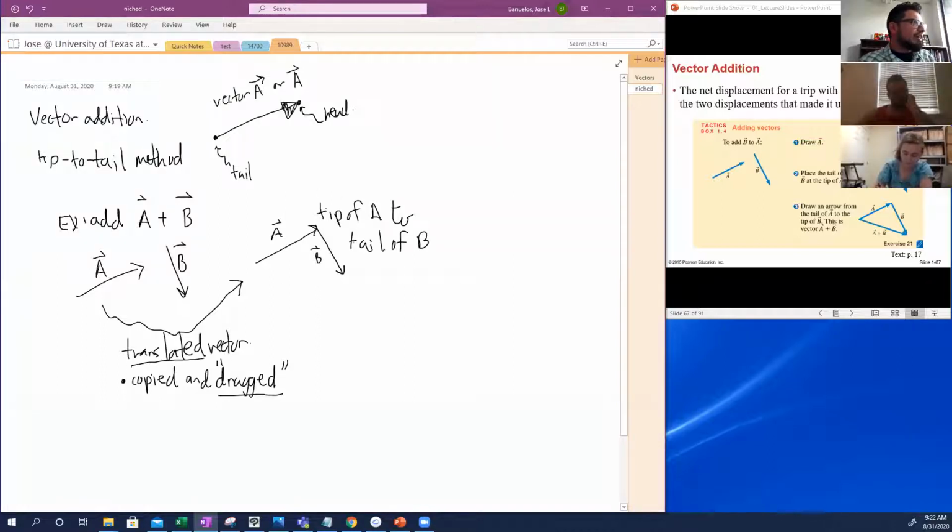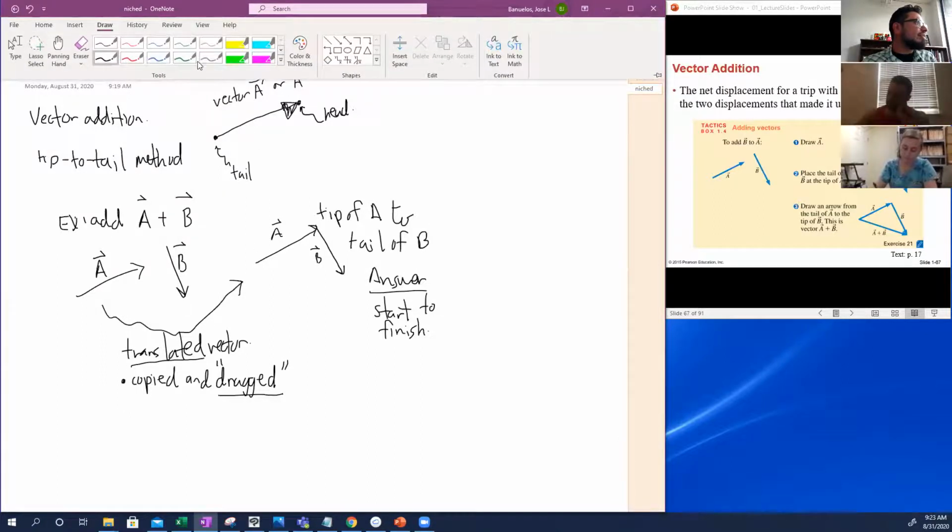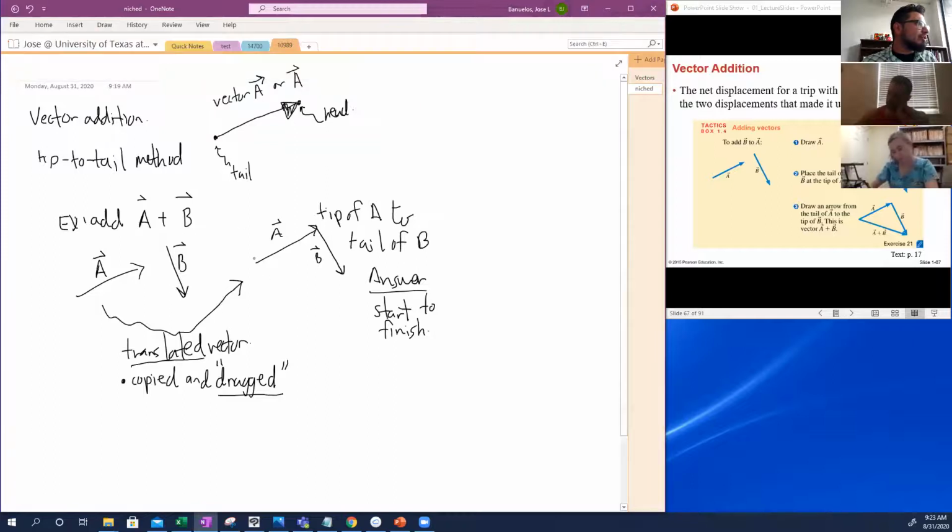So you take the tip of A, tail of B, and then the answer is going to connect the start to the finish. What does that mean? Well, in this example, we started with A, right? So this point right here was the start.